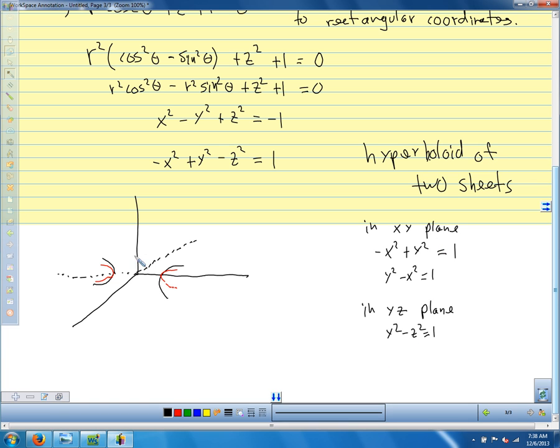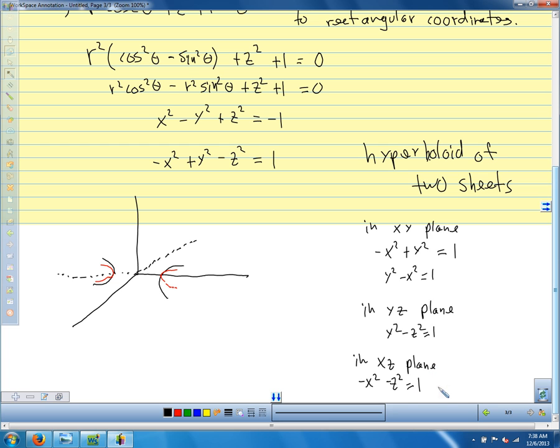And then to convince ourselves we don't have anything that connects these two, let's look at the xz plane. I have minus x squared minus z squared equals 1. Well, can I have that? x squared is always positive. z squared is always positive. Is it possible to subtract two positive numbers and get positive 1?